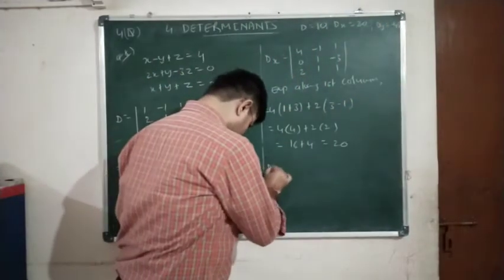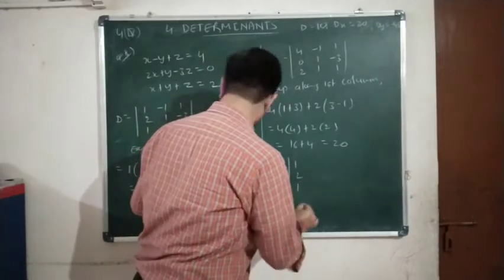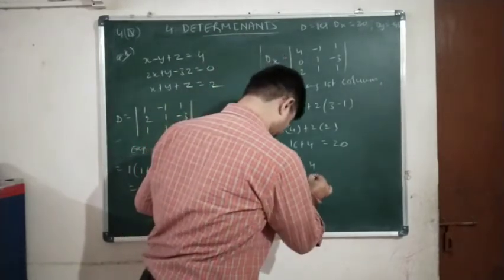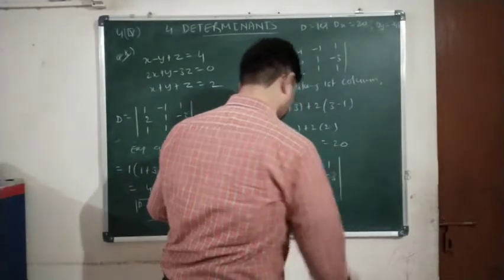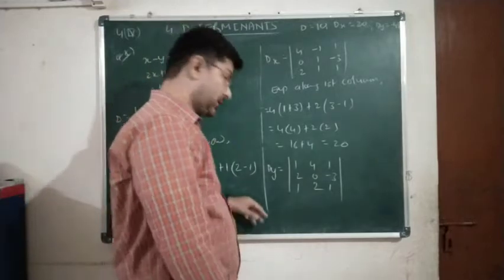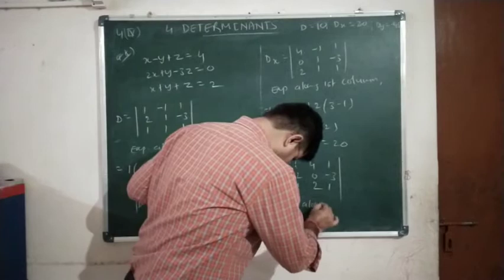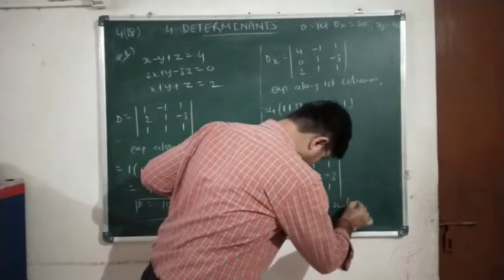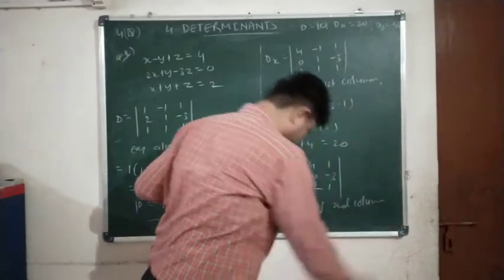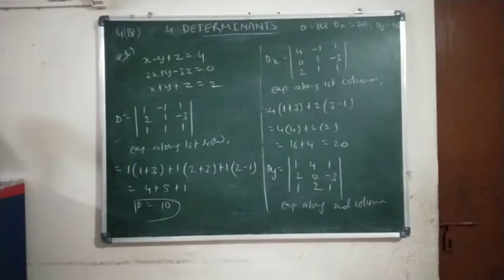Now we will calculate dy. Okay, second column of D will be replaced by 4, 0, 2. Expanding along second column. Because we have a 0 in the second column, we will expand along the second column.